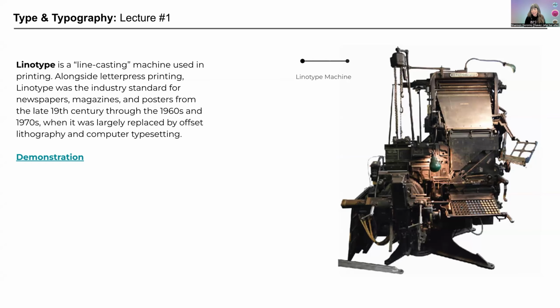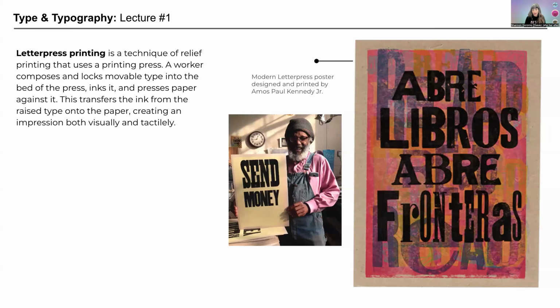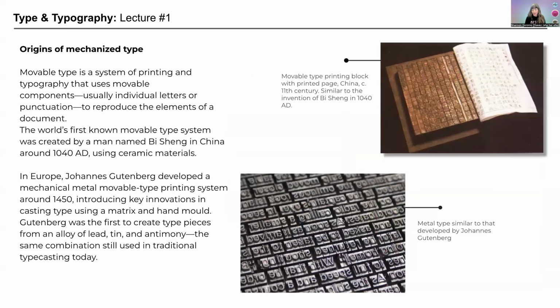And as the typesetter types out letter forms, a negative mold of that letter form drops down into the line. And once a single line of type has been typed out, you would pull a lever and hot lead would pour into that mold. And when it cooled, you could pull that line cast out, take it to a press bed, add it to your block, and begin printing with it.